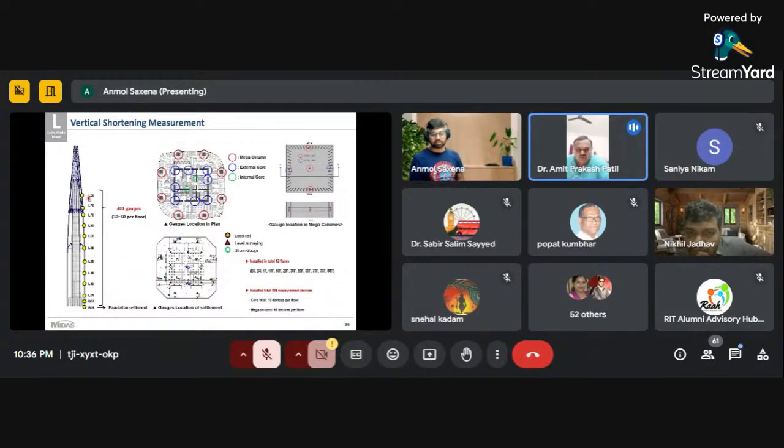We have one more question, from Saurabh Patil, a student. He asks: Sir, suppose the software suggests some amount of shortening of a column, and in actual there is a difference between the values. Suppose predicted is 20 mm and the actual shortening is 25 mm.